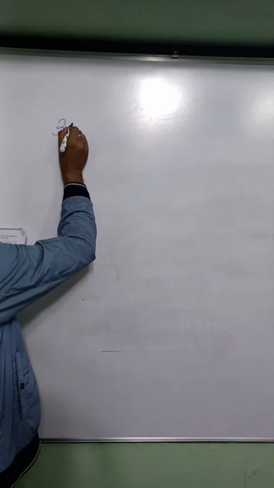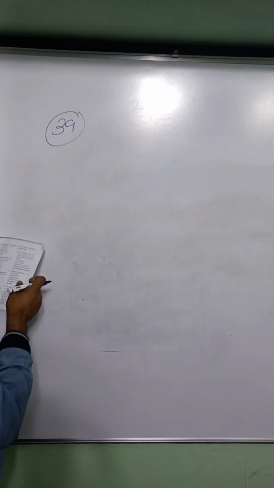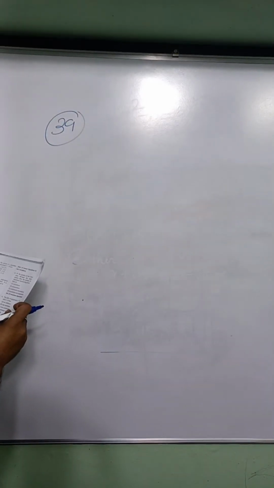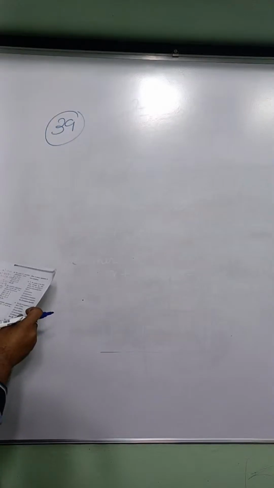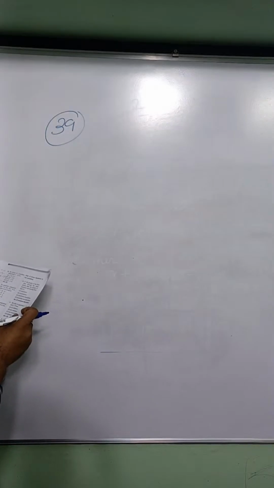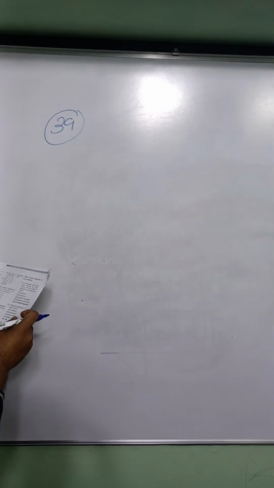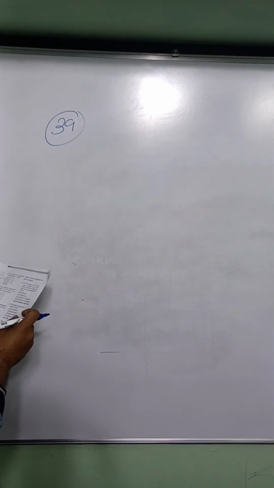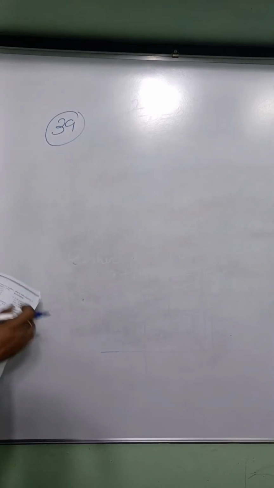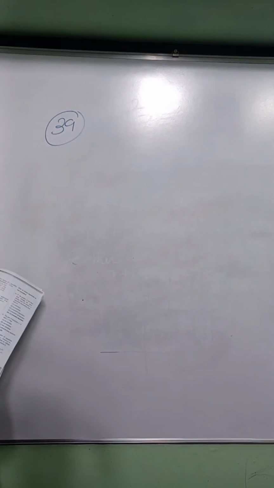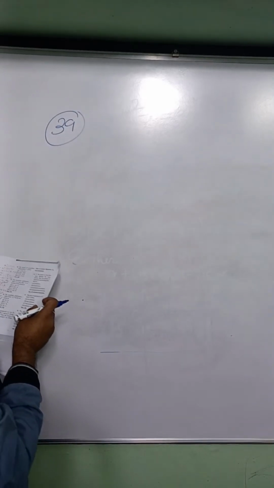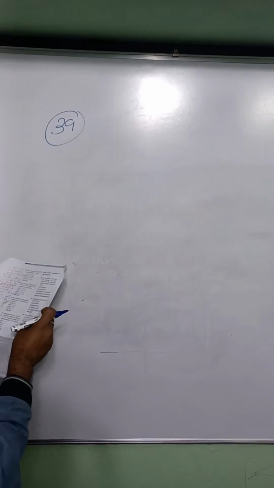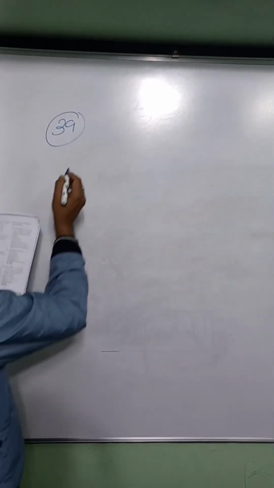If I consider alpha and beta as the zeros, then the sum is given and the product is given.